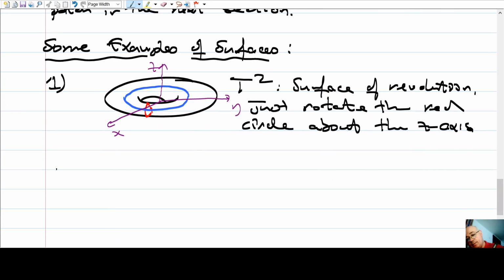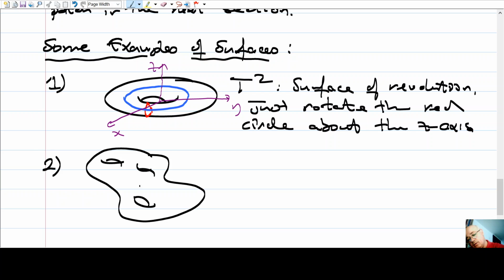This is one example. Another example of surface, we have orientable surfaces of this type. So this is a genus 3 surface. The torus has one hole in it. Therefore, it has genus 1. This is a genus 3 surface.